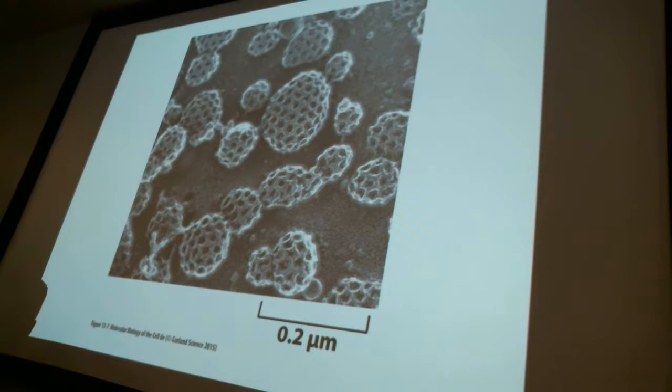It has a very characteristic morphology that is easy to identify on electron microscopy, and it's very abundant because this is the coat protein that controls what we call constitutive endocytosis, the endocytosis the cell is doing all the time to bring in important components.